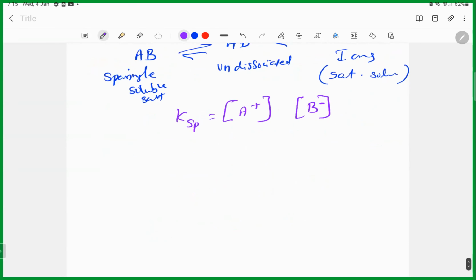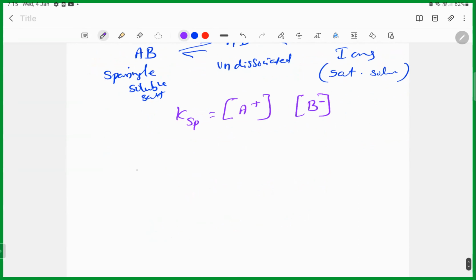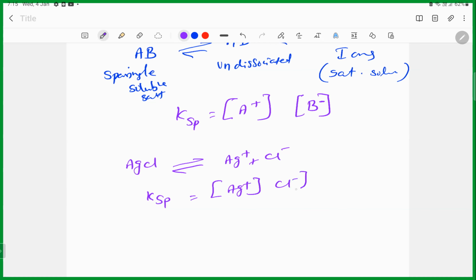When you have a salt, take AgCl, the simplest example. When you put AgCl in water, it becomes Ag plus and Cl minus. So the solubility product of AgCl becomes the concentration of Ag plus times the concentration of Cl minus.